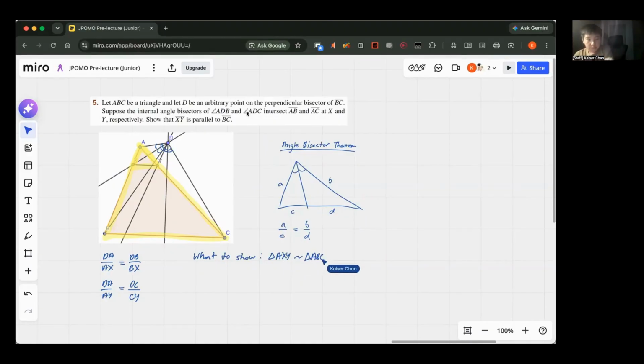Okay, and that could ultimately give us these two equal angles, and we can get the parallel from there, right? And a good thing to aim for is to show that AB over AX equals AC over AY, right?